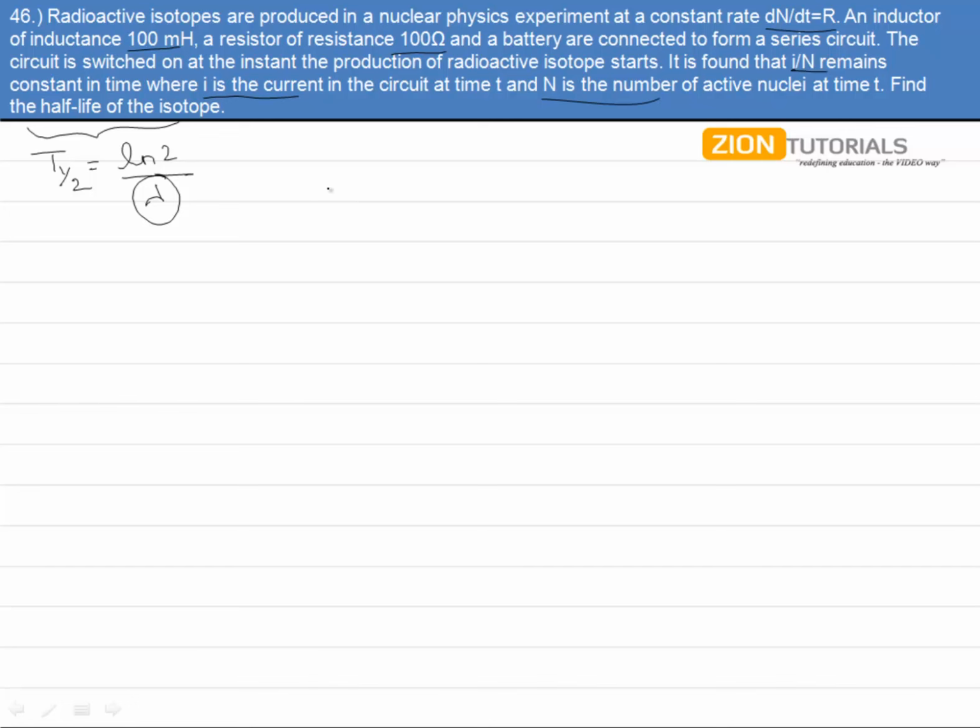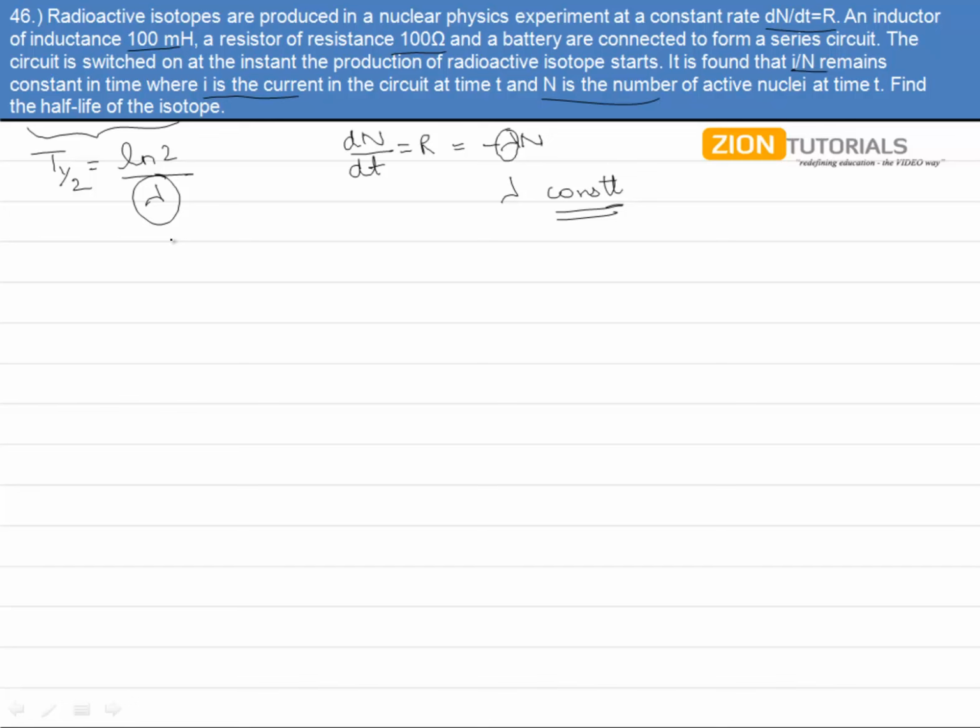Now, looking for lambda, we have been given that dN by dt is constant, that is R, and we all know that it is also equal to dN by dt is minus lambda N. The purpose of giving this information that dN by dt is constant R is just to confirm that lambda is actually constant. Now if lambda is constant, we can find the value of lambda and put it in this equation to find the half-life of the isotope.